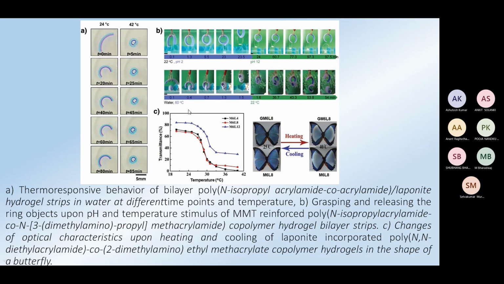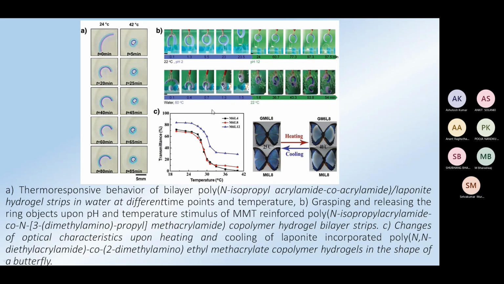With changes in pH from 2 to 12 over a period of time, you can see how nicely the hydrogel grasps the object, and how it releases it when you change the pH from acid to base.